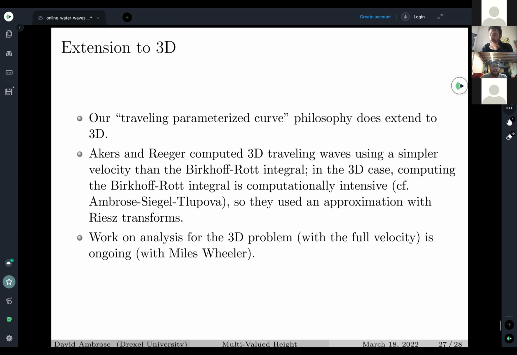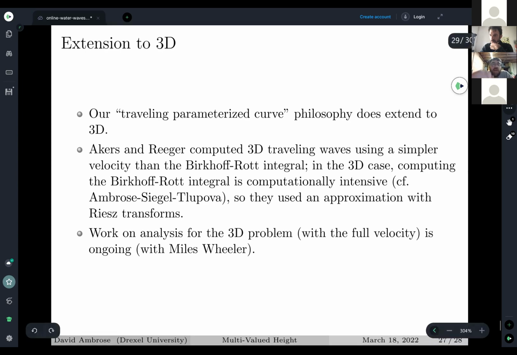But we use this cotangent trick, which I said was a little bit of complex analysis, to write the Birkhoff-Rott integral in the 2D case. In the 3D case, that cotangent trick isn't available. And so numerically computing the Birkhoff-Rott integral in 3D is computationally intensive. But Akers and Rieger did use the traveling parameterized curve philosophy in 3D.